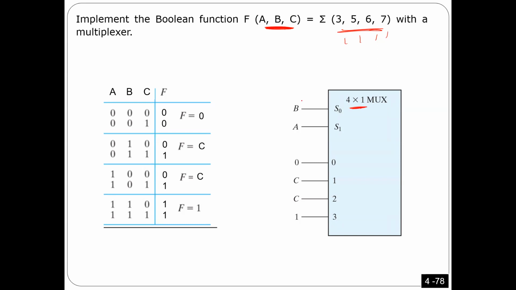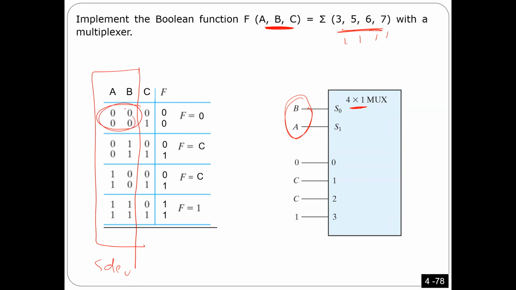A 4-to-1 multiplexer means you have two selector inputs here. So in this case, that's a very straightforward case. I'm going to use A and B as the selectors. Similar to what I just explained, this is number 0, so number 0 is going to be connected here. This is number 1, number 2, number 3. And then I have to get a function.